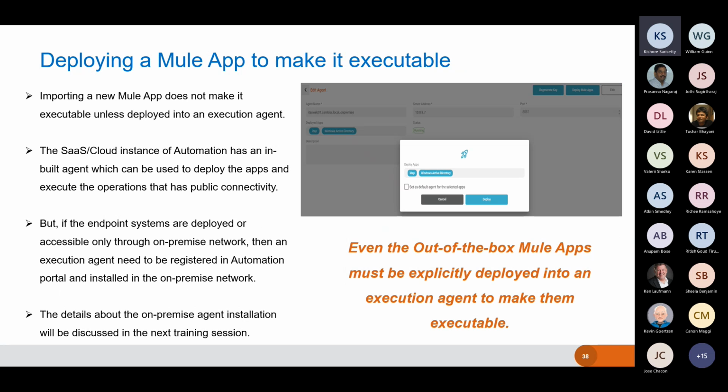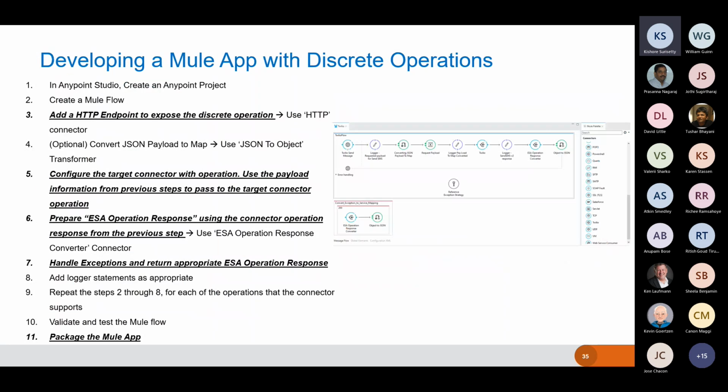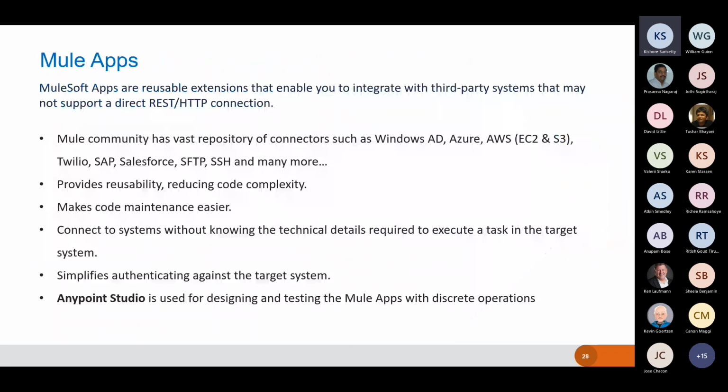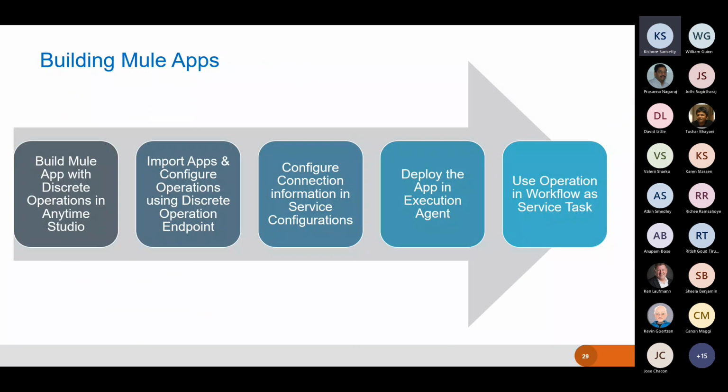But to complete the whole flow, as you see here, we are done, let's say, until step 2. The first step is to build the Mule app with discrete operation in Anypoint Studio, then import the app and configure the operation using discrete operation endpoints.